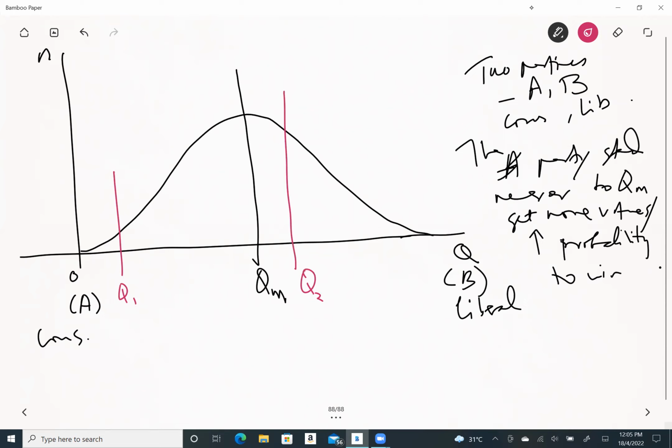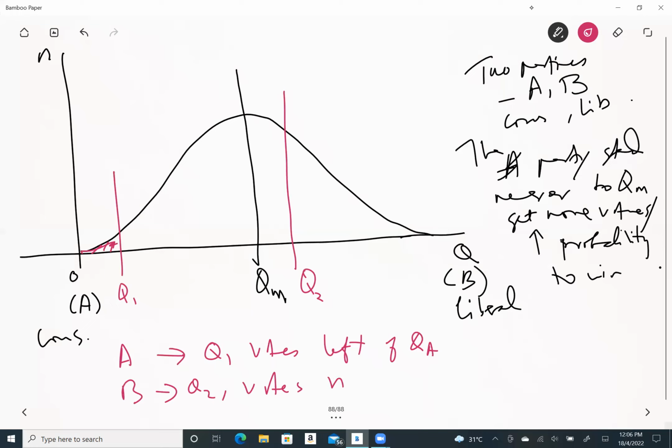Initially A takes Q1, and gets the votes to the left of Q1. Now B takes Q2. How many percent of votes does he get? He gets the votes to the right of Q2.